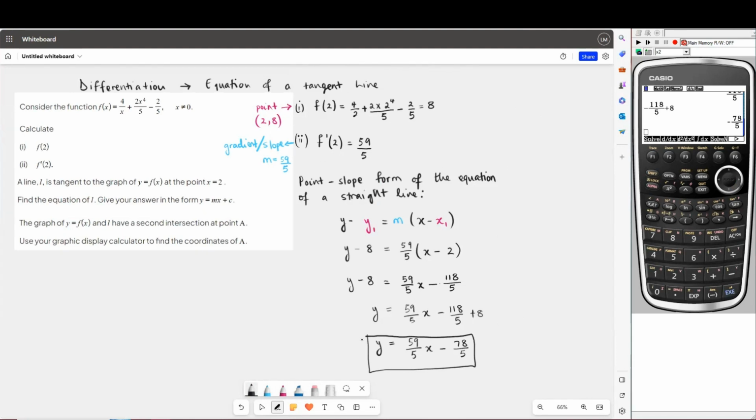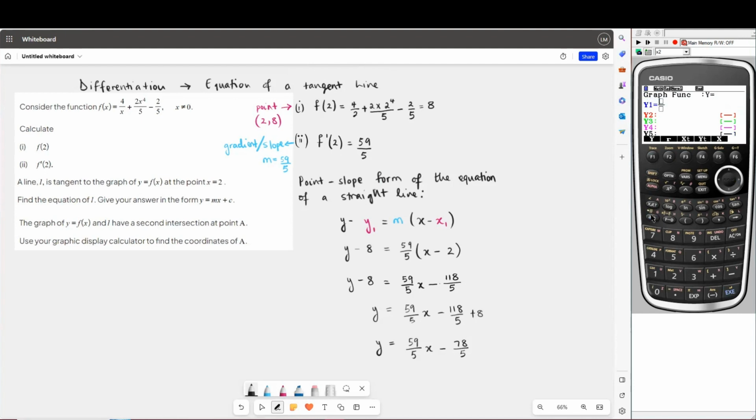Then it says the graph of y is equal to f of x and L have a second intersection point at A. Use your graphic display calculator to find the coordinates of A. So now that we have those two equations, you can go back to your menu and go to graph. The first thing that we're going to graph is the function that we got at the start.